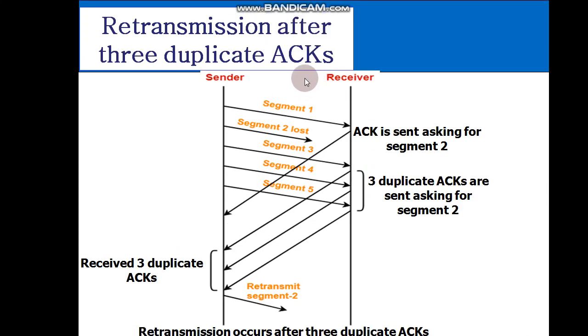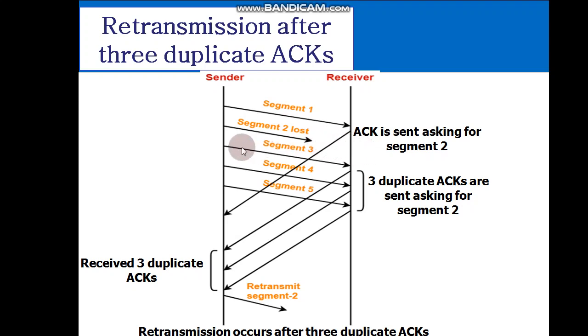Now here we have shown the sender has sent segment number 1, and immediately the acknowledgement for segment 1 is sent by the receiver to the sender. So the acknowledgement is sent expecting segment 2 to be sent by the sender, but somewhere on the way segment 2 is lost, and because segment 2 is lost, no acknowledgement is initiated showing that segment 2 is received.